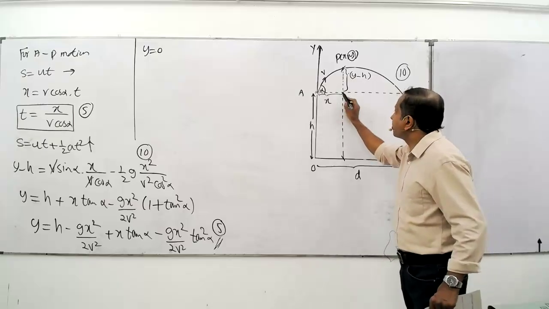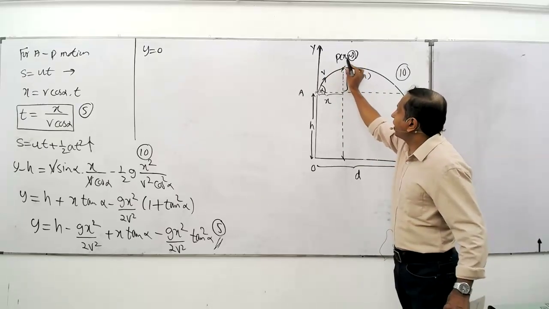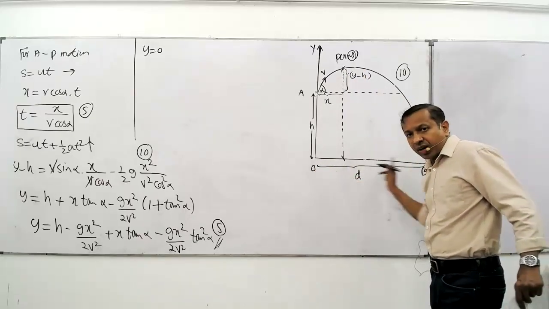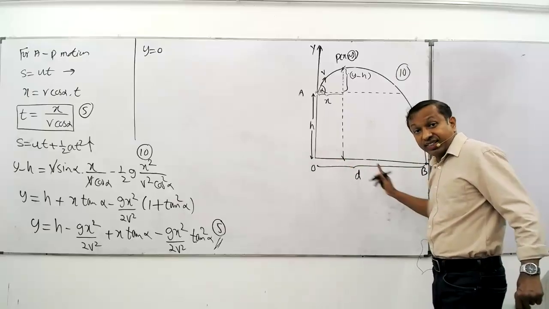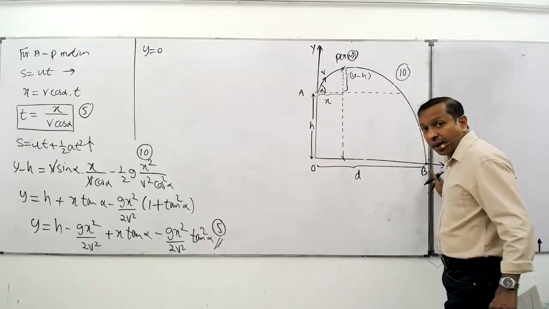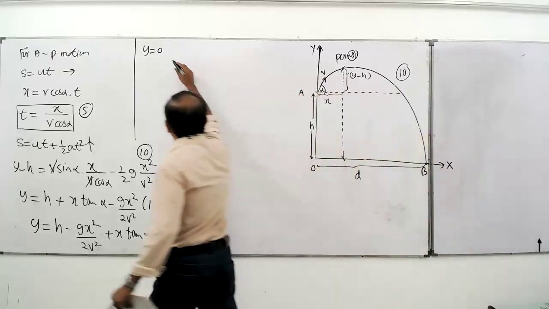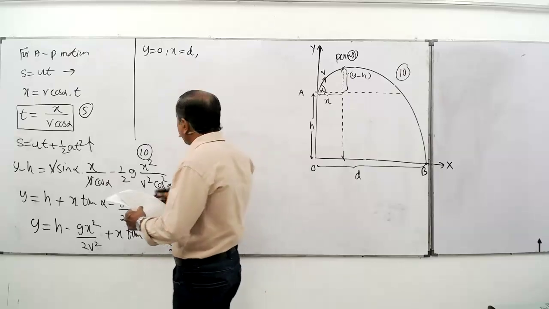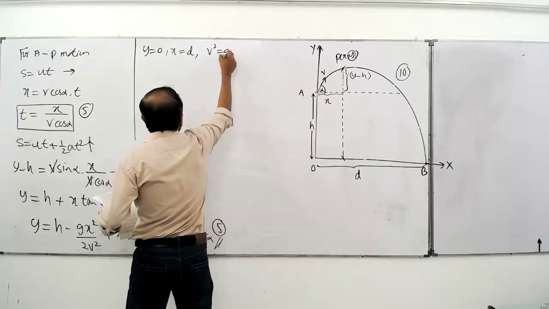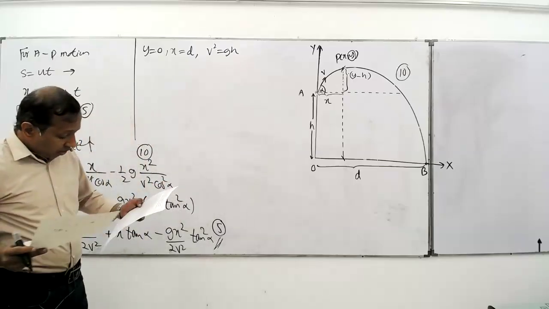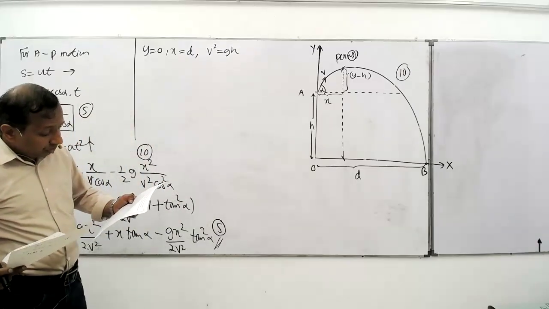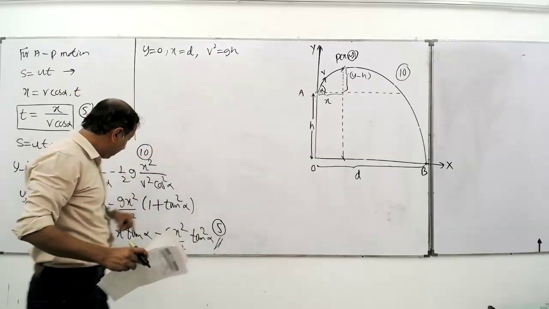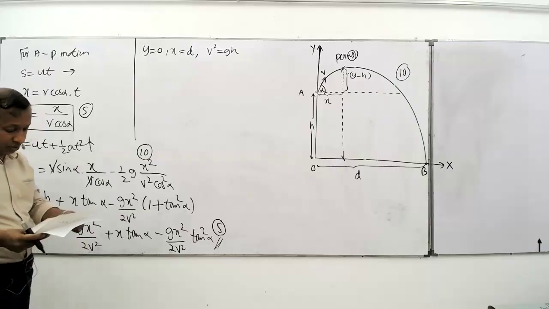This horizontal distance of the particle from the y-axis is x. When the particle is at B, what is the horizontal distance of the particle from the y-axis? D. Right. When the particle is at B, y equals 0 and x equals d. And also given, people, d squared equals g h. Now asking to show what? Asking to show this equation. Right. Now substitute this in this equation. So then what do you get?